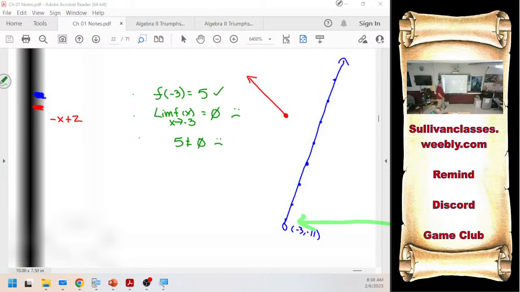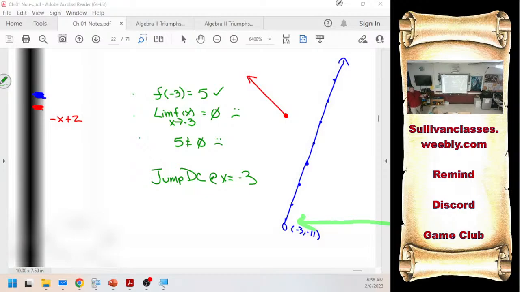What type of discontinuity was it? Piecewise will make you jump. And again, you say it was a jump discontinuity, but you also say where. At x equals -3. The importance of that is, what if I did the test at +3?